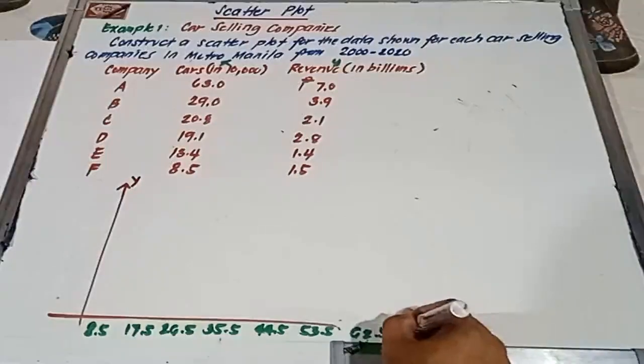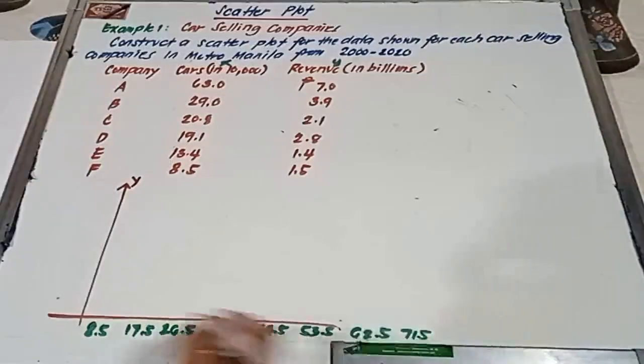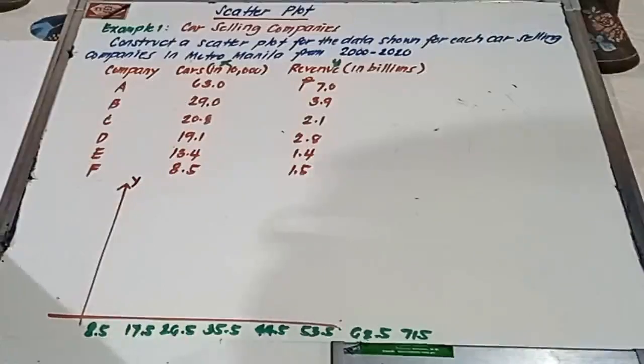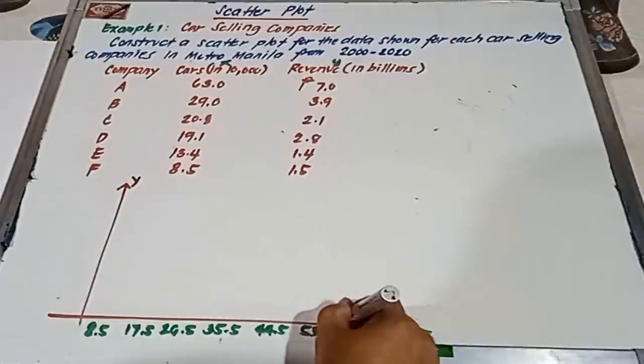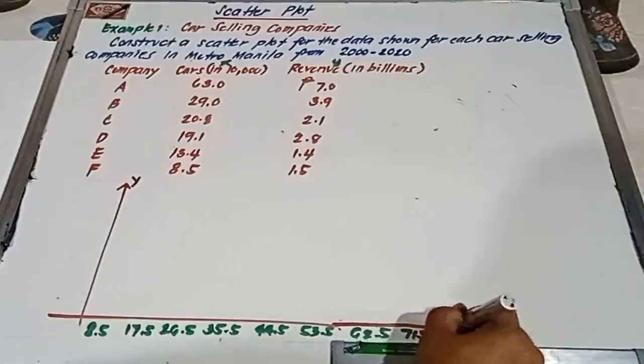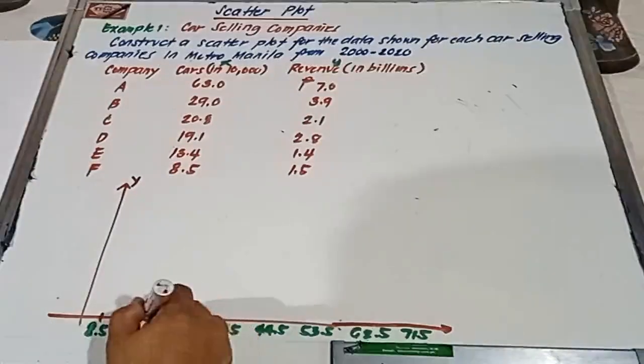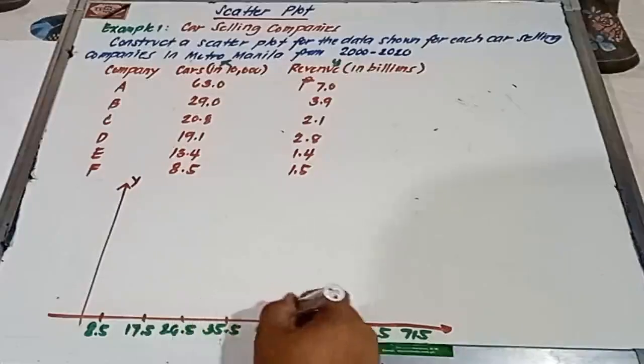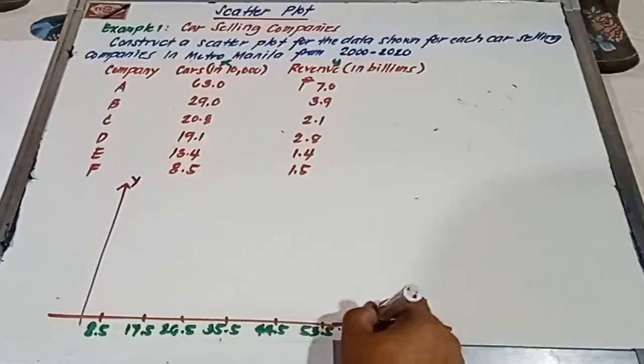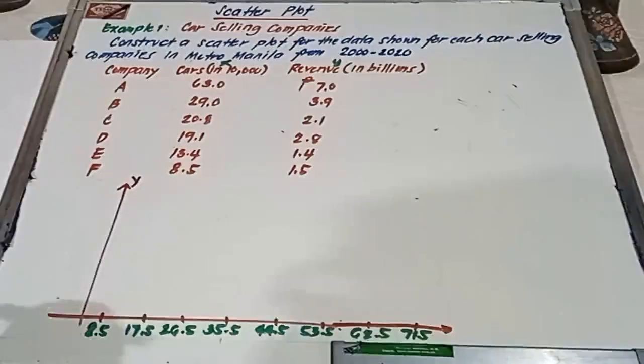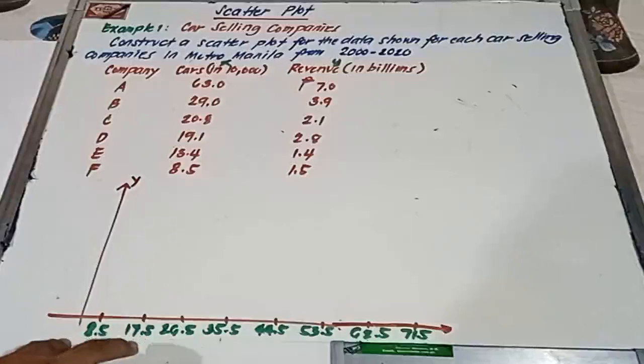And then, plus 9, 71.5. Okay? So, yun yung ating x-axis. Okay. So, nasa sa inyo kung anong scale ang gagamitin ninyo. Pwede namang by 8, 10, 12, etc.